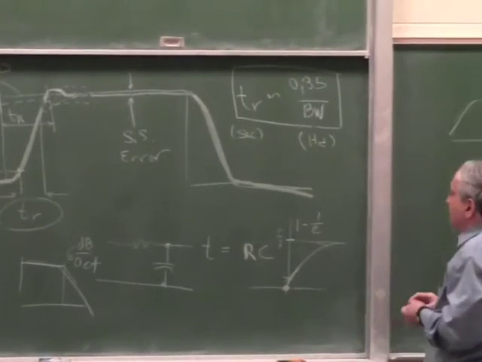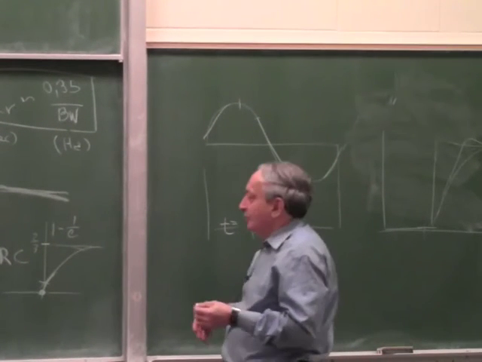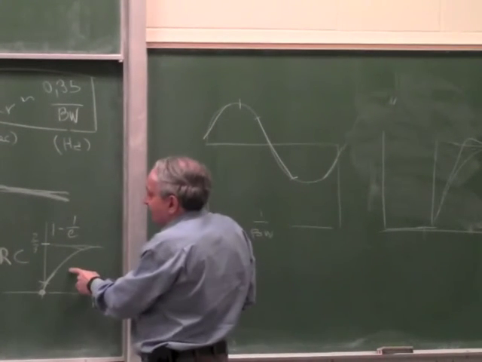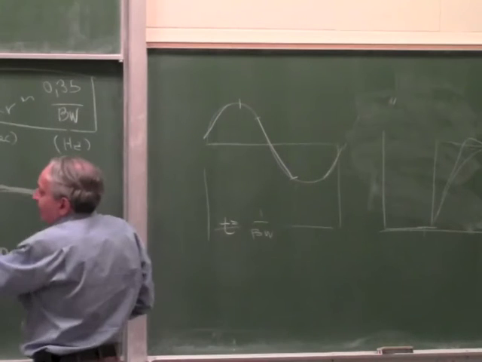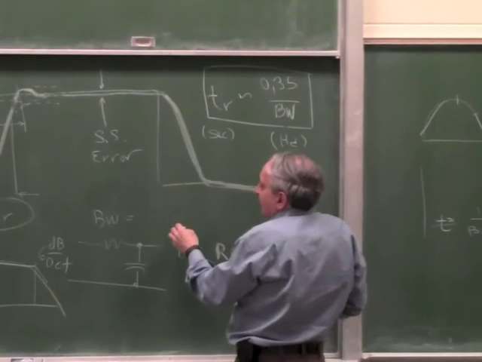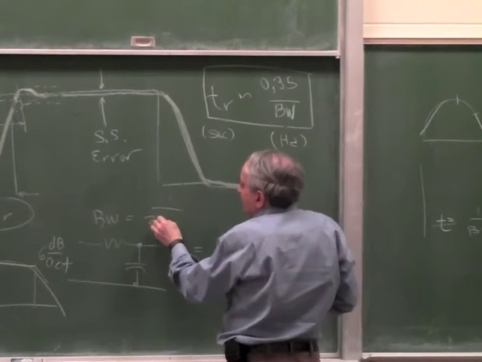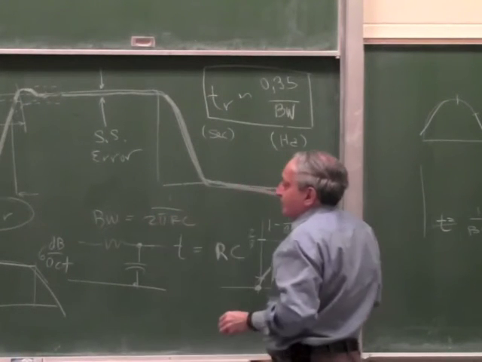Now one way to derive it, if you want to derive it yourself, all you do is you know that for this system the bandwidth is defined as 1 over 2 pi RC, right?